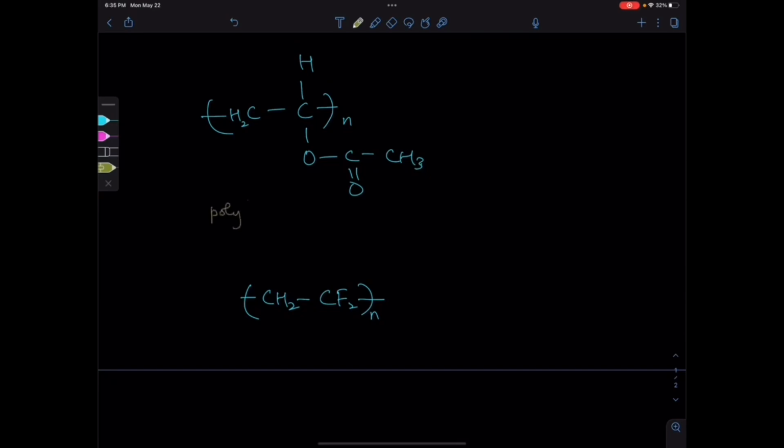Poly 1-acetoxy. The CH3COO group is 1-acetoxyethylene, or polyvinyl acetate.